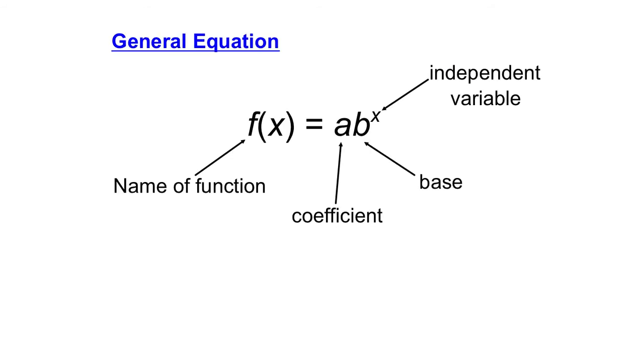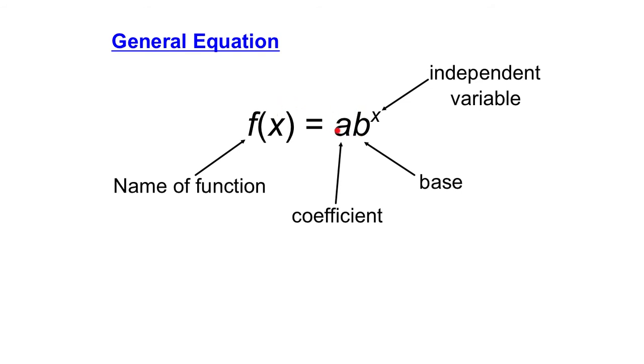So let's start with the general equation for an exponential function. Here I have it in function notation. So f of x is just a generic label for a generic function, a function of x.